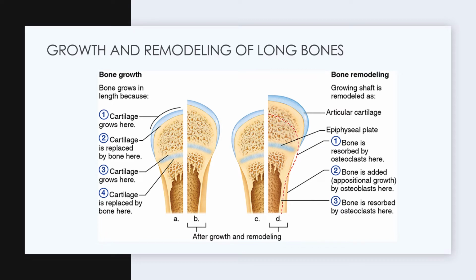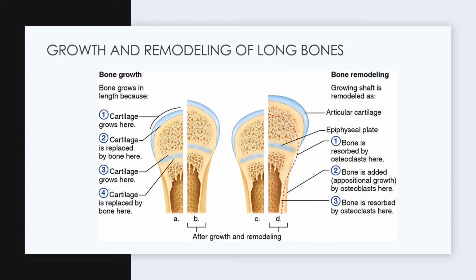By birth or shortly after, most hyaline cartilage models have been converted to bone except for two regions: the articular cartilages that cover the bone ends and the epiphyseal plates. In order for bones to increase in length as the infant grows into a child, new cartilage is formed continuously at the external surface of the articular cartilage and on the epiphyseal plate surface that faces the bone end. You can see that demonstrated here in this photo.